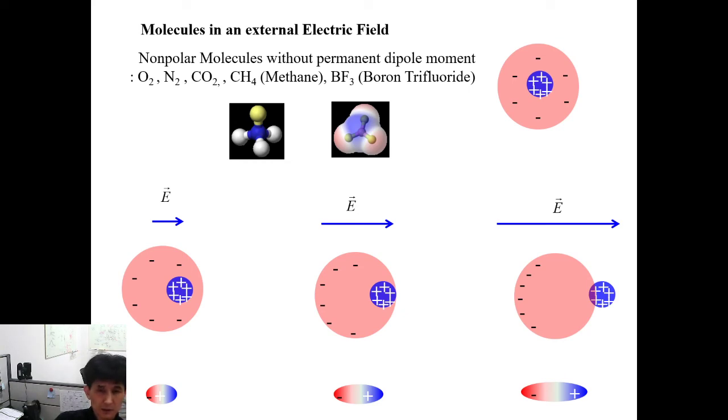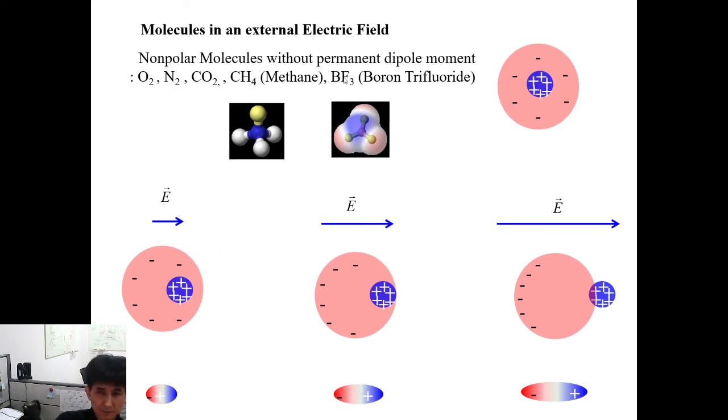relative dielectric constant is because of properties like this. For CO2 or N2 or O2 gas, they are all neutral. At the center there is a positive atom, and we have negative electrons around it as an electron cloud.